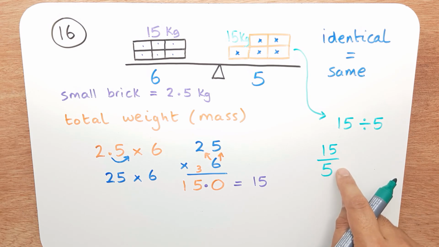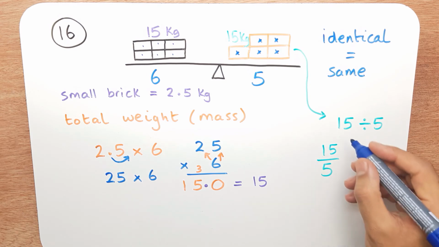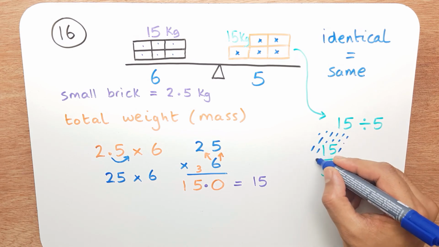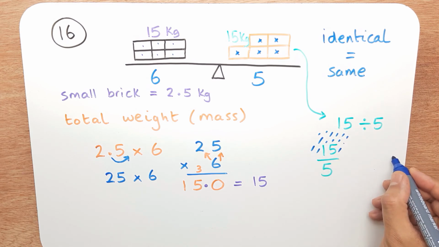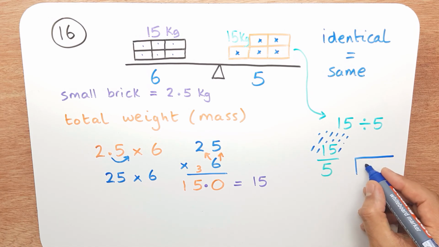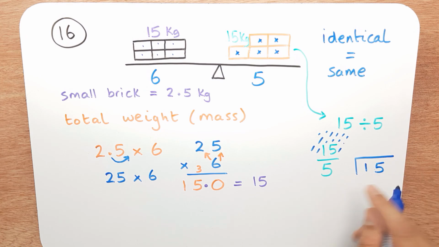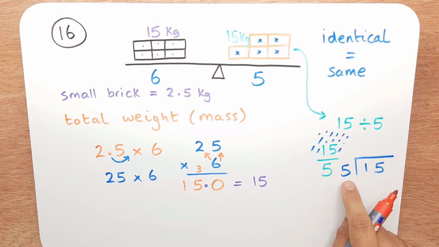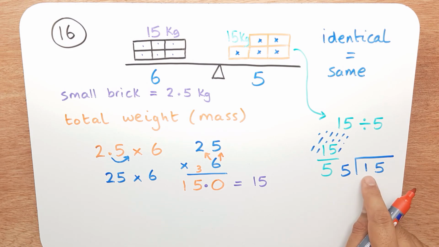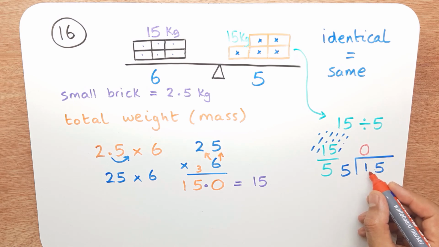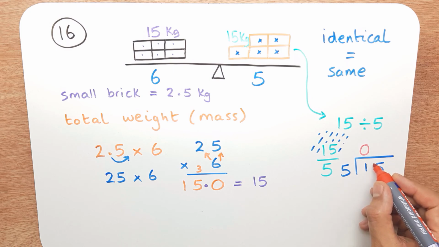It's raining and the number 15 is getting wet, so we build a bus shelter for the number 15, and 15 goes inside and 5 has to go outside. How many 5s are there in this one? We can't get a 5 from there, so we put 0. And we carry this 1 over to the 5 and it becomes 15.